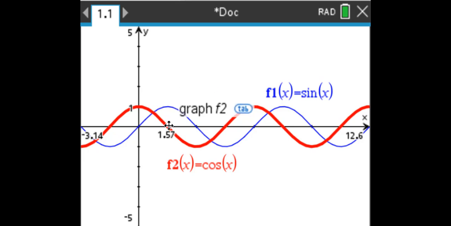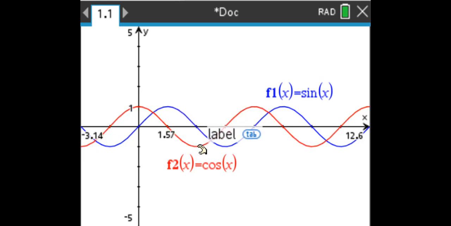It then goes to 0 when our angle is pi on 2, -1 when our angle is pi, 0 when our angle is 3 pi on 2, and then back to 1 when I'm back at 2 pi. That's the difference between sine and cos.